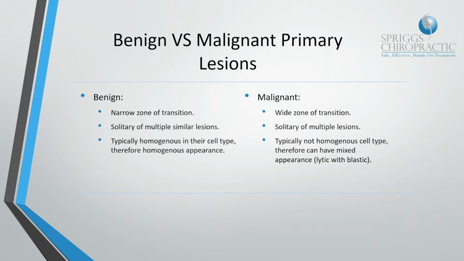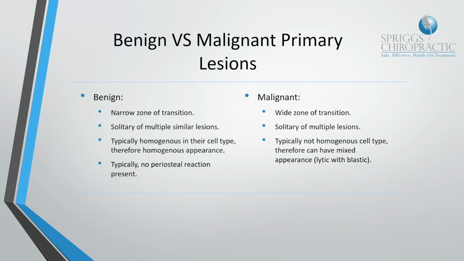This is particularly true of a chondrosarcoma, a malignant tumour process with usually a central nidus, a central body of the tumour that is quite blastic or sclerotic, and then a mixed appearance around the outside. So that mixture of different cell types means its appearance is not homogeneous. It doesn't look the same throughout the tumour.